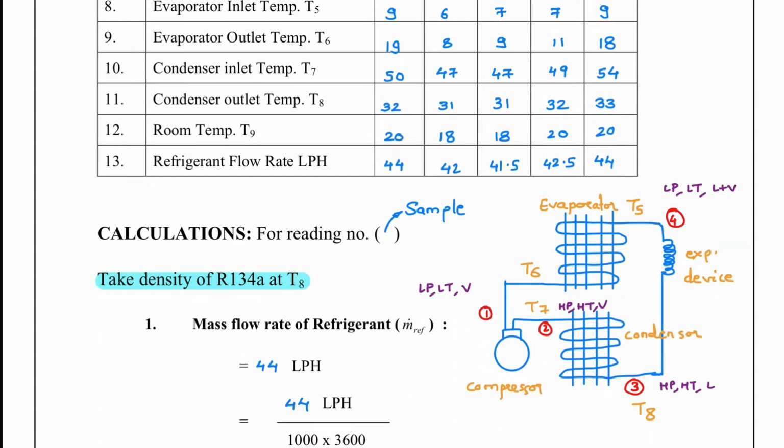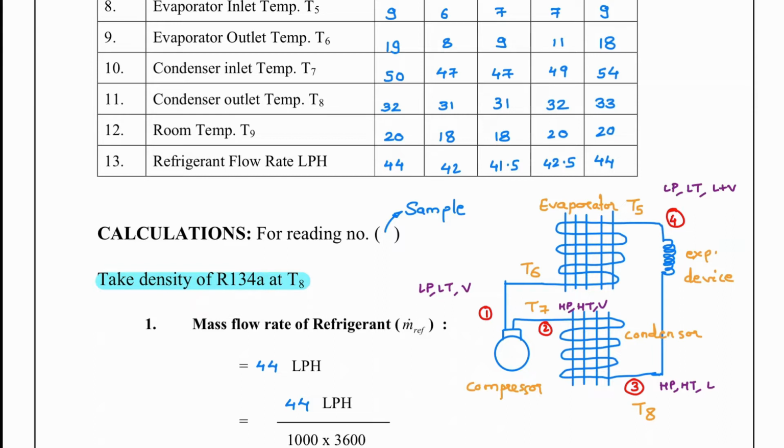Now we'll understand the vapor compression system here. This part is the compressor, the second part is the condenser, the third part is the expansion device and the fourth part is the evaporator. At the beginning of the compressor, point number 1, we have low pressure, low temperature vapor refrigerant. Now it is compressed in the compressor, and at point 2 we have high pressure, high temperature vapor.